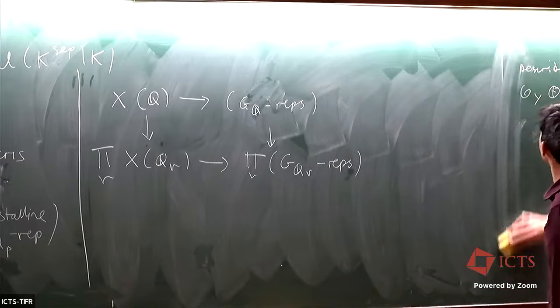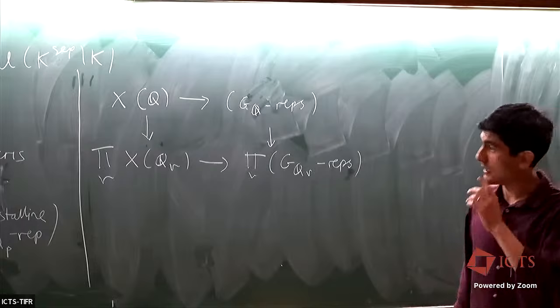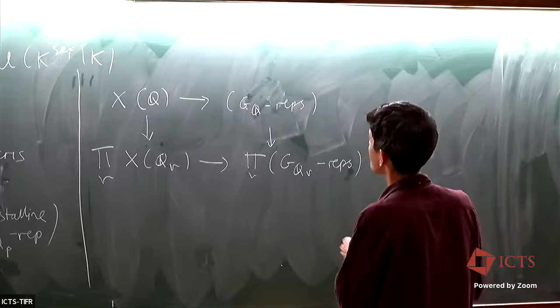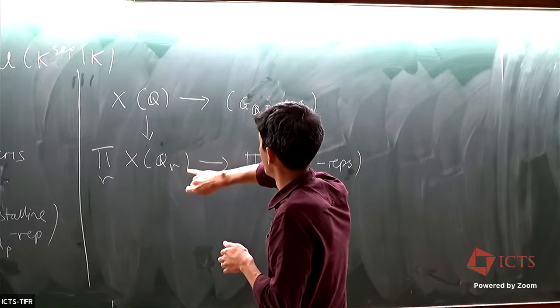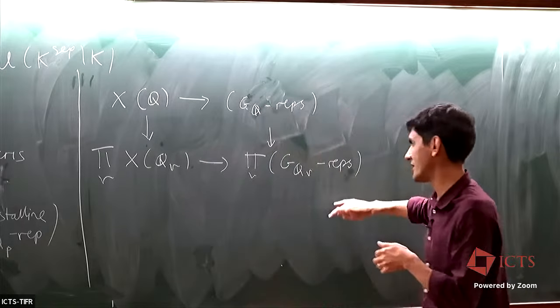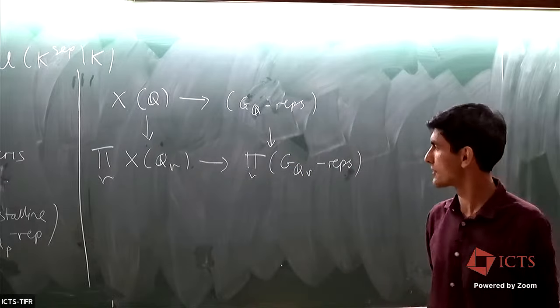Okay, so let me describe a bit more about exactly what this map is. From points to Galois representations? Yes, well, strictly speaking, the map is not really to Galois representations, but to Galois representations with some additional structure, which I'm just about to describe.